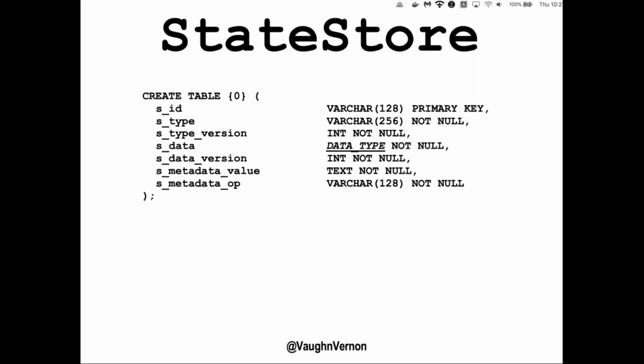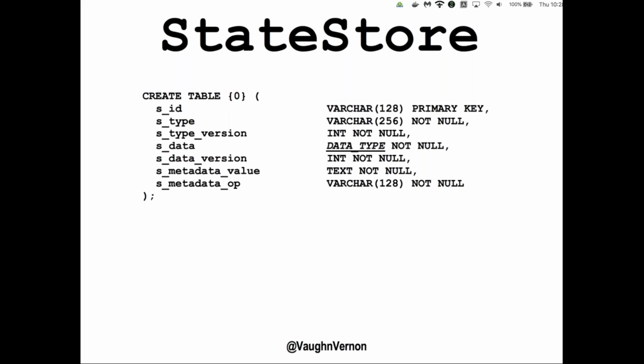The data version is the number of times that this data has transitioned. So is this version 1, as in the very first snapshot of this data, or is this version 93, which would be the 93rd snapshot of this data? That's what this represents.